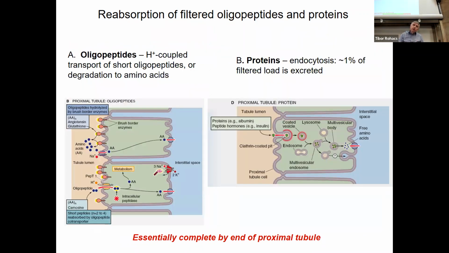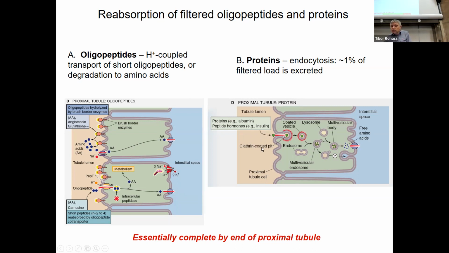So one more slide about nutrients. So normally you have amino acids in the blood, but you also have small peptides in the blood. And some of those small peptides are also reabsorbed via these oligopeptide proton co-transporters. And even though I always emphasize at the very beginning that the primary filtrate is protein-free plasma, that being said, there's always a little bit of protein in the filtrate, and normally that's very low concentration.